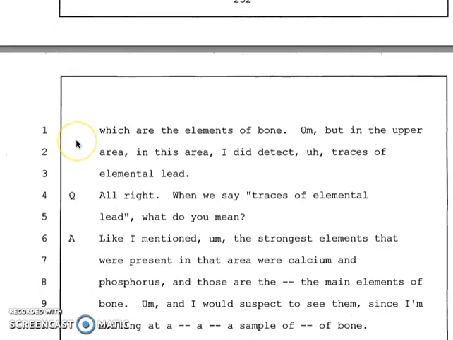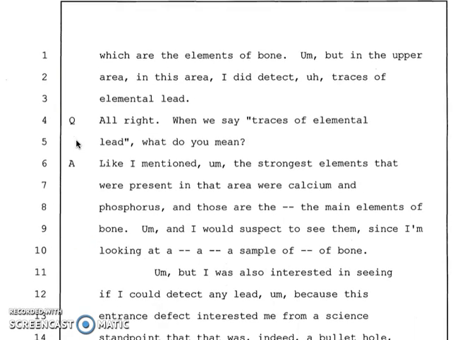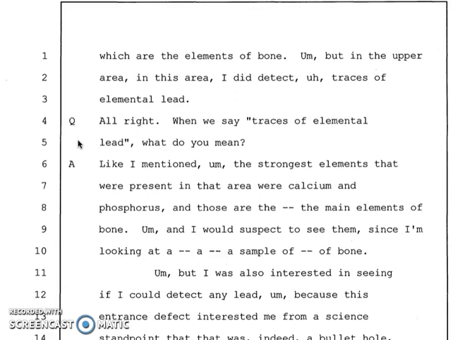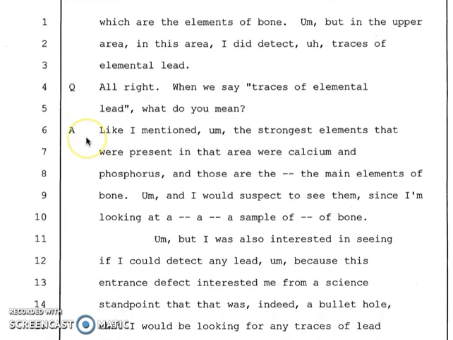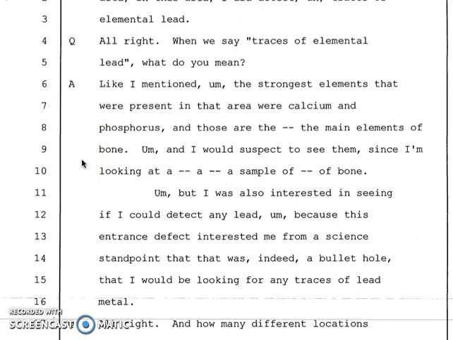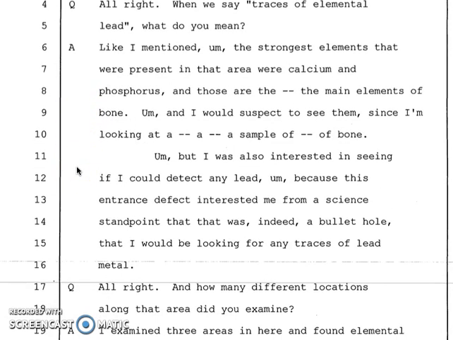the elements of bone. But in the upper area, in this area, I did detect traces of elemental lead. All right, when we say traces of elemental lead, what do you mean? Like I mentioned, the strongest elements that were present in that area were calcium and phosphorus, and those are the main elements of bone.